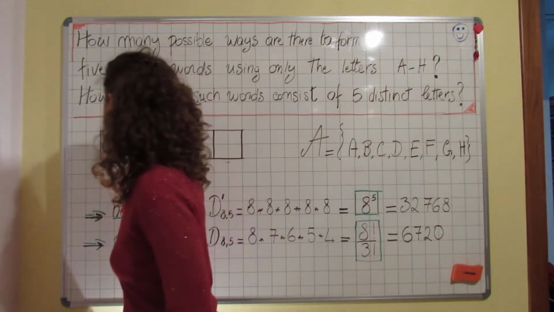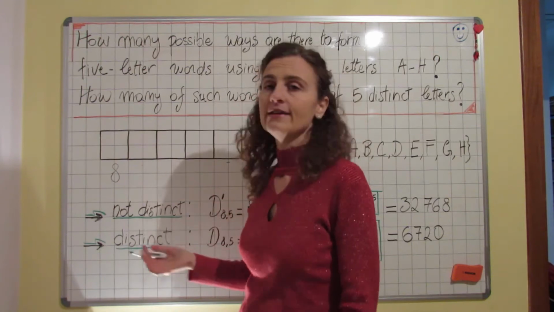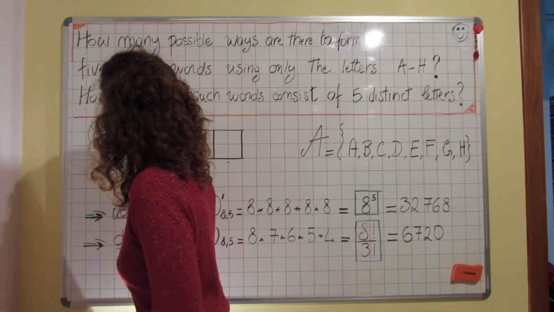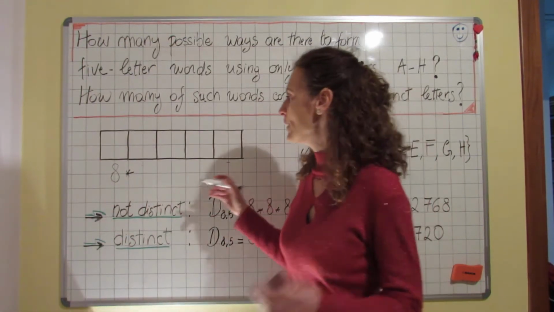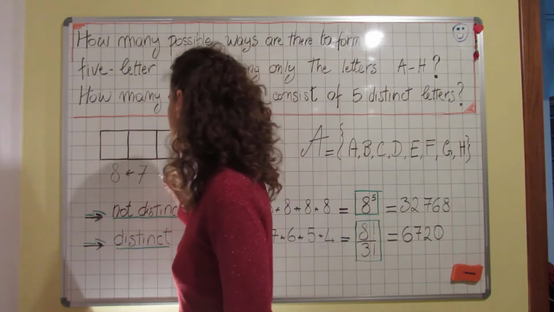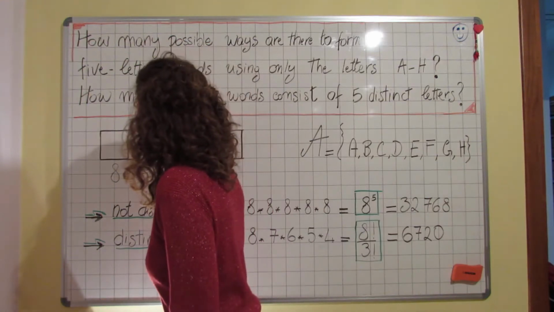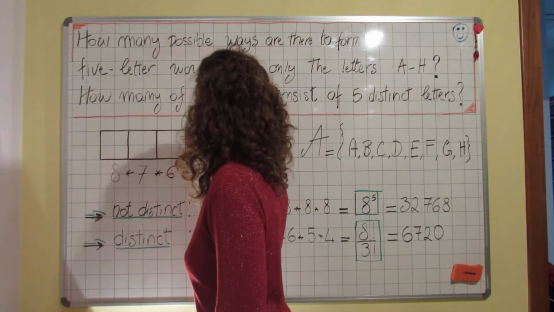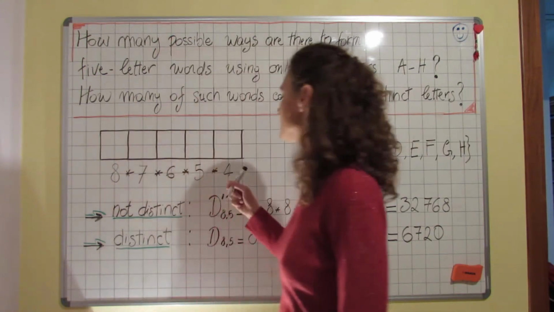Okay, we have 8 possibilities for the first slot, exactly as we had previously, but now one letter has already gone, so we have only 7 possibilities for the second, and 6 possibilities, 5 possibilities, and 4 possibilities for the last slot.